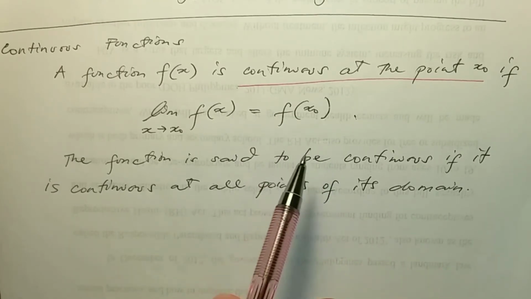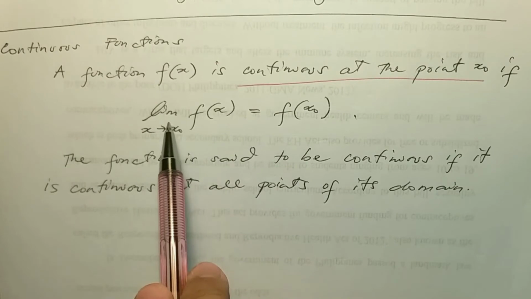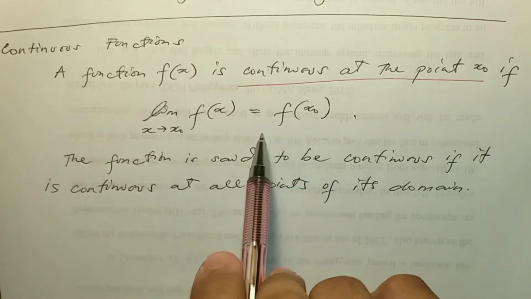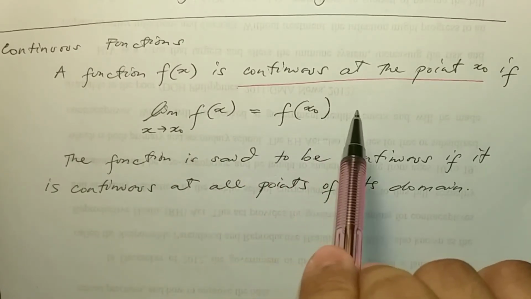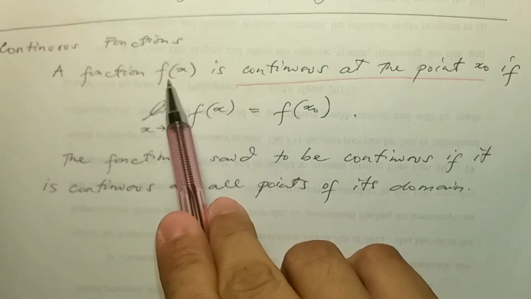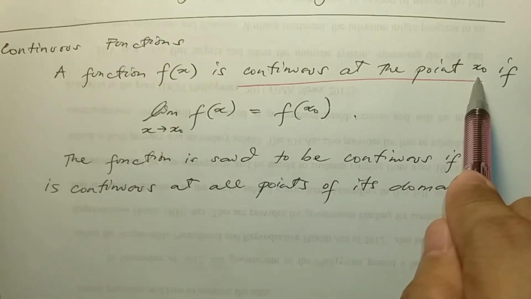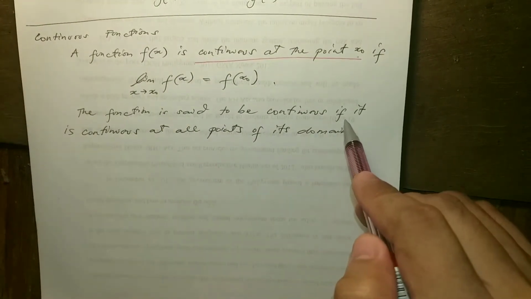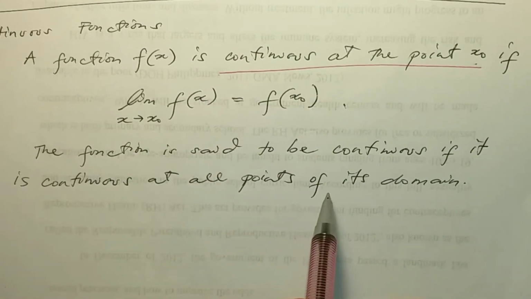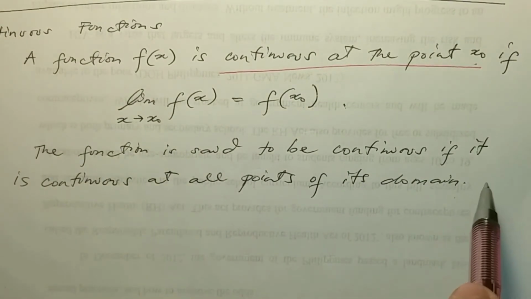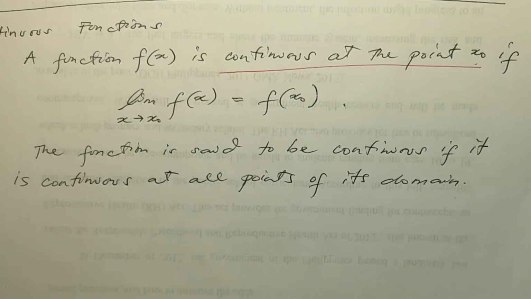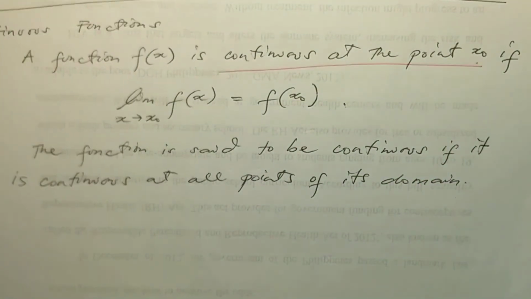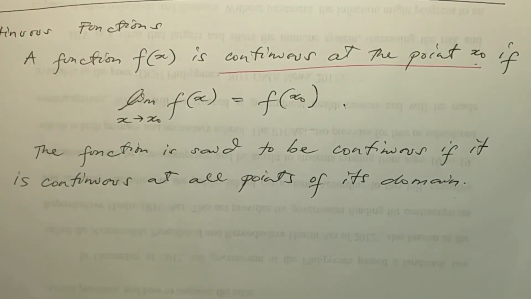So it says here that if the limit of f of x as x approaches x naught exists and it is equal to f of x naught, we can say that the function f is continuous at the point x naught. Now, the function is said to be continuous if it is continuous at all points of its domain. So we have two meanings of continuous: continuous at a point x naught and continuous on a certain domain.